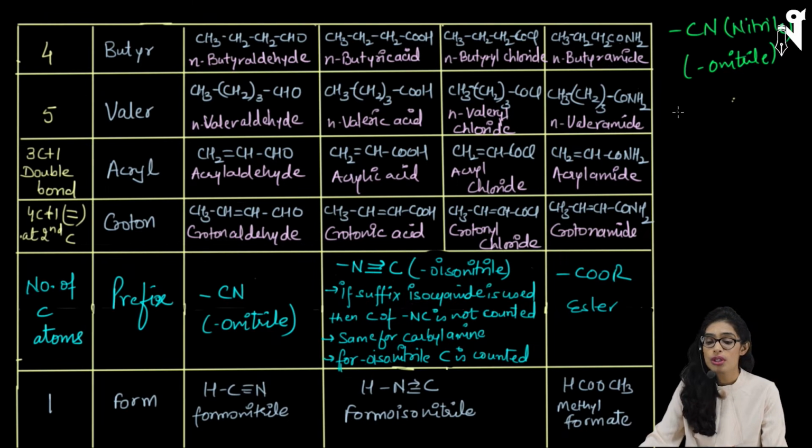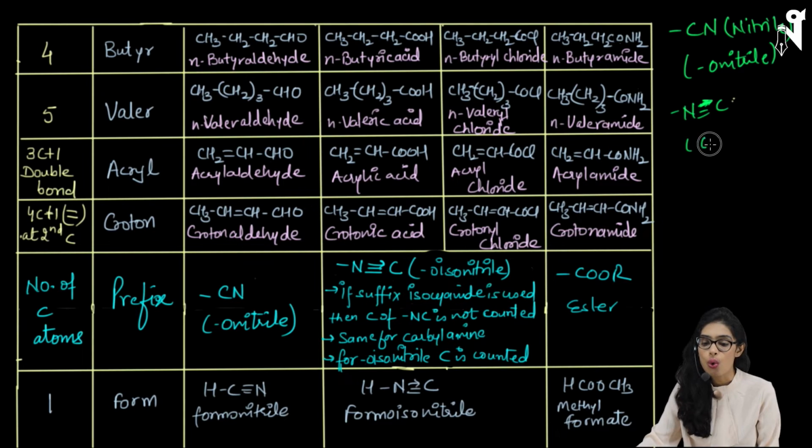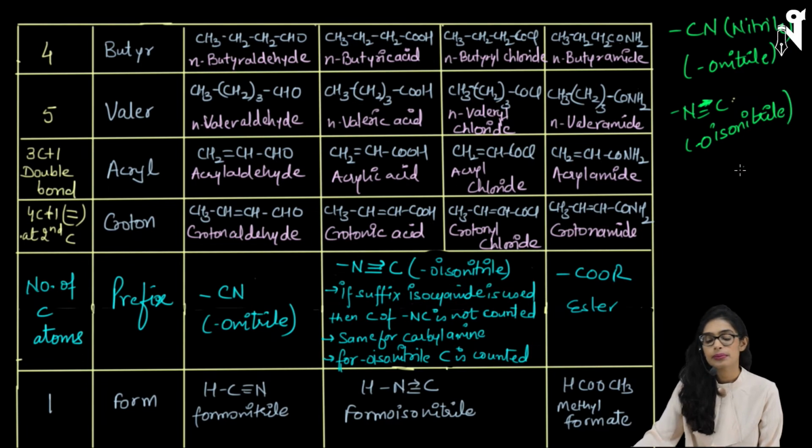Another group which we are going to deal with is NC, which is just reverse of CN, having one coordinate bond from nitrogen to carbon. Okay, and it has a common suffix name, and that is o-isonitrile.